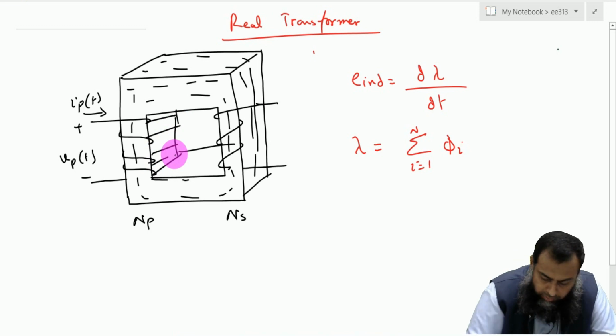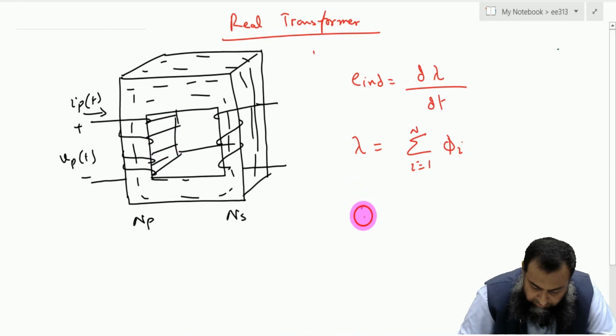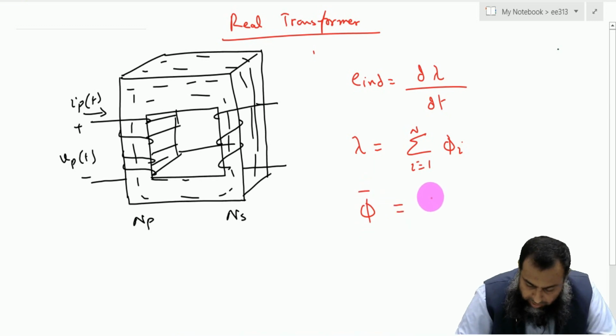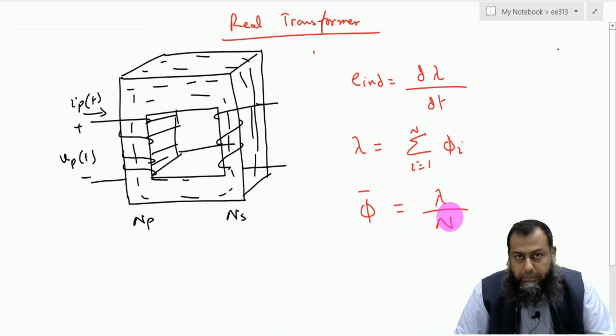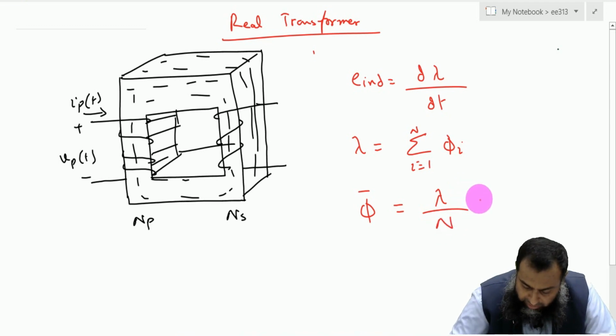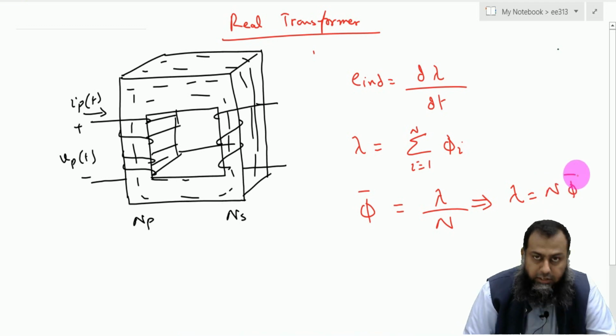So, we say that this average flux φ is equal to λ divided by n, where λ is the flux linkage and n stands for the number of coils. This means that λ equals n times the average flux in this particular core.